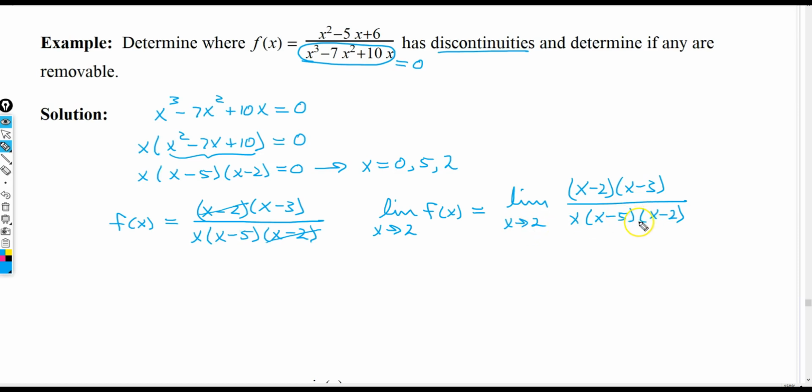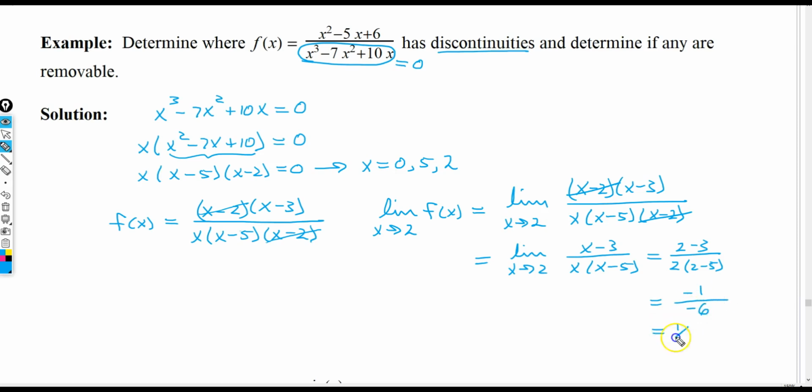X is never equal to 2, so we're justified in canceling these, and now you see we can plug 2 in for each of these x's, and we do get a value back. And this value exists. So therefore, since the limit as x approaches 2 exists, 2 is actually a removable discontinuity.